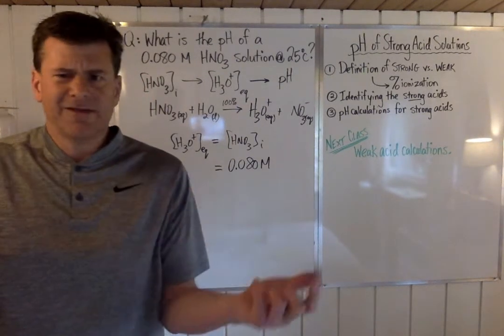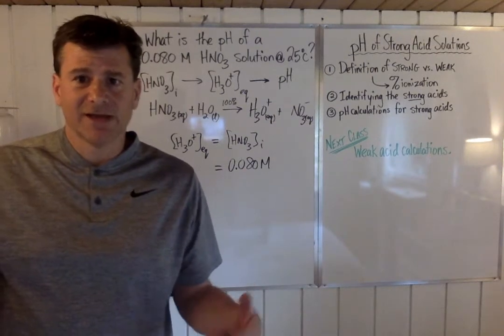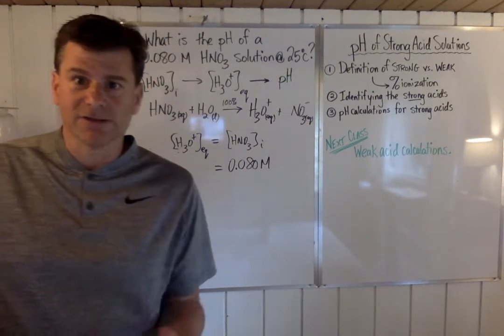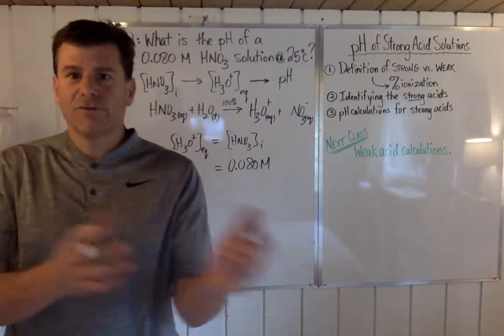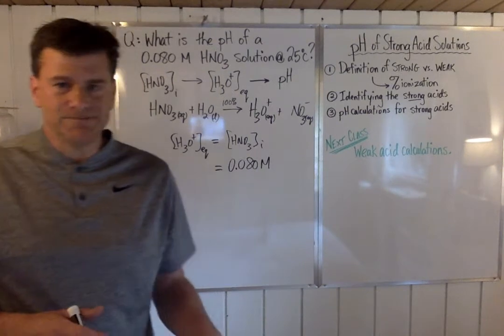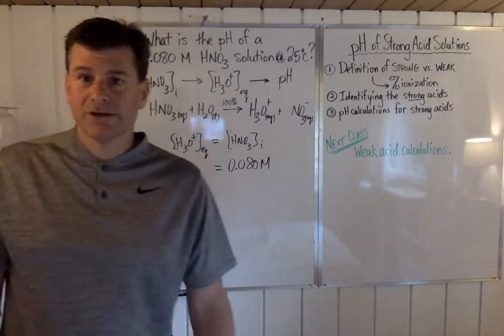So see how the math isn't super difficult. If you get that it's a strong acid, that's, I guess, the tricky part, you have to know it's a strong acid. Therefore, it's 100%. Therefore, it's equal to the initial concentration. Then you already know the hydronium.